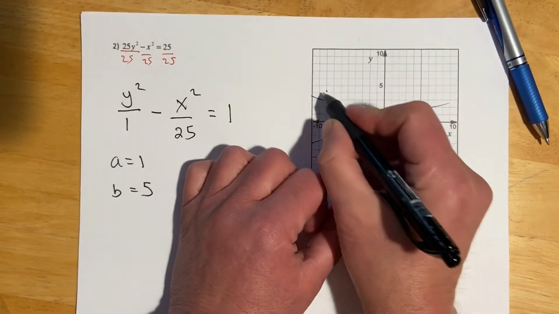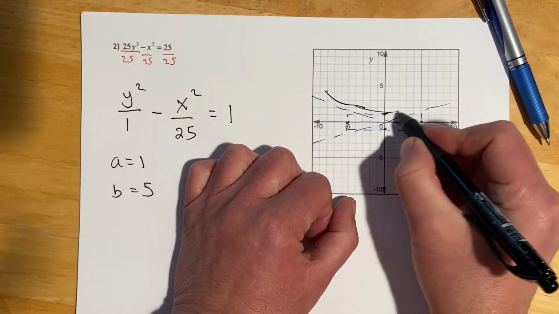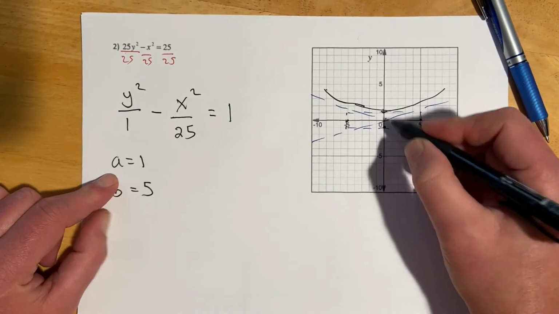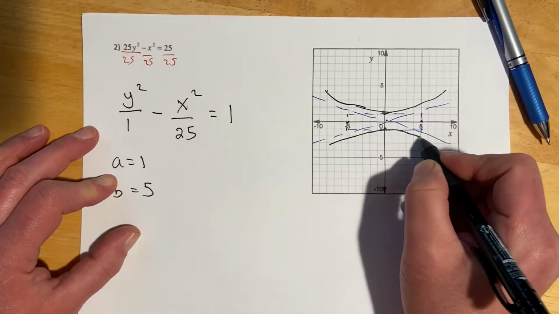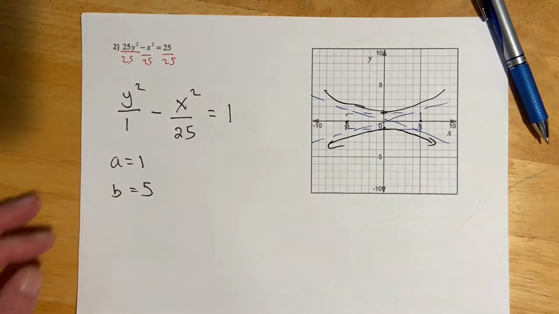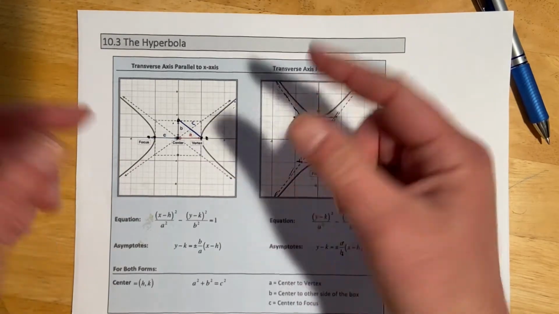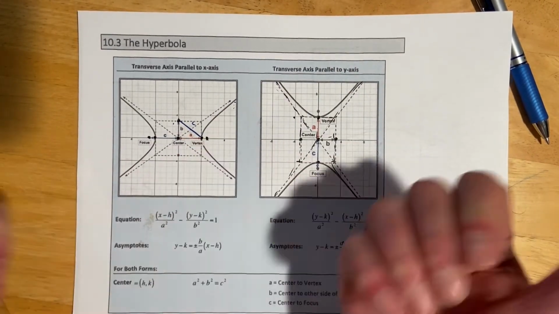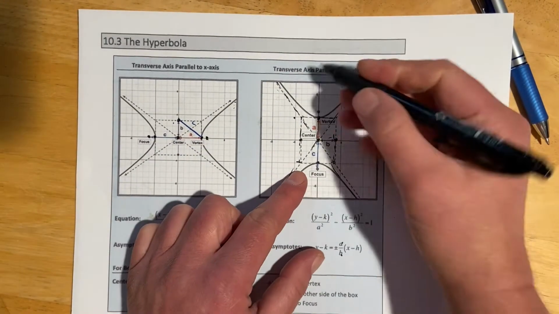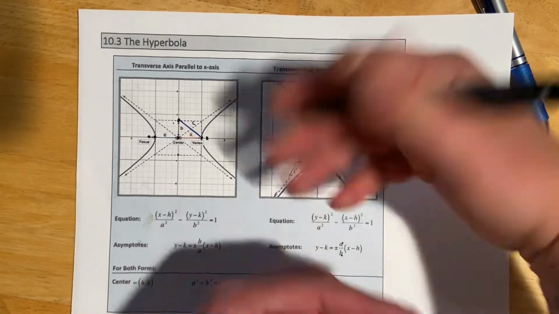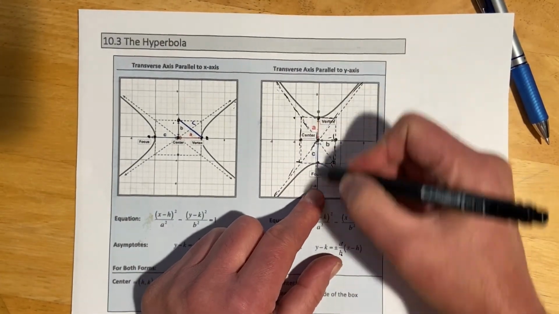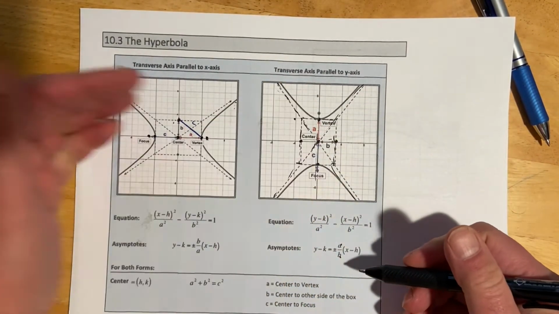So the vertex is this point right here, and A is going to be that distance. So notice back here, when the hyperbola is opening side to side, A runs along X. But when the hyperbola is opening up and down, then A runs along Y. So in this case, the A will shift with the hyperbola.